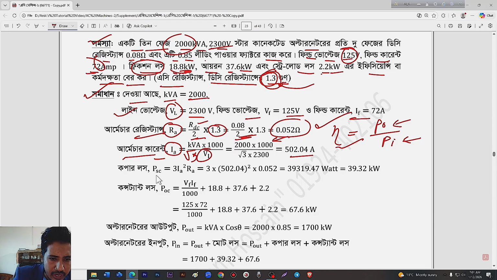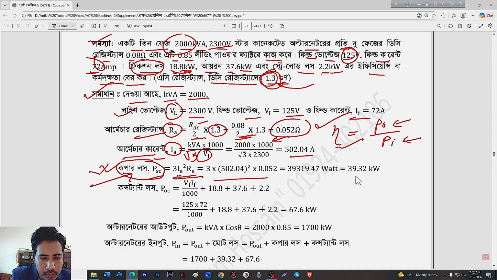And this is copper loss. This is a very tricky question, and here we have used the new formula, because you already know the copper loss formula, 3 Ia squared Ra. From this calculation we can see the copper loss will be 39.32 kilowatt.